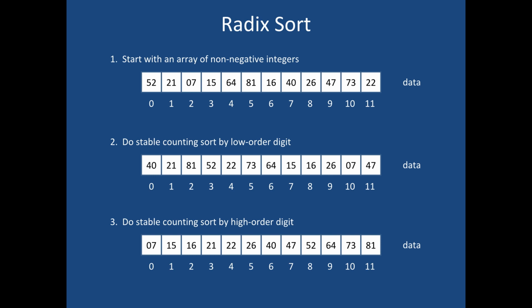So, for example, look at the 20s up here. 21 came first, then 22, then 26. That's not an accident. That's just the order of their low order digits. So when we did the second pass on the high order digits, the relative order of the 2s was maintained, meaning they're sorted by their low order digit.